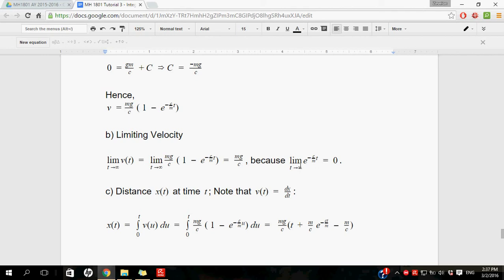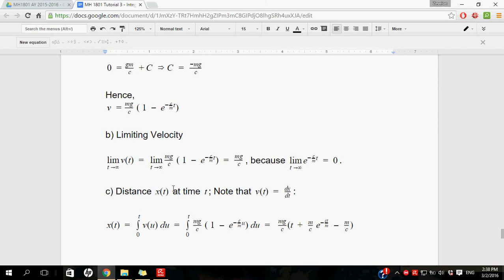The limit of this term is 0. The rest of the expression doesn't depend on t, and therefore, using standard limit laws, we see immediately that this limit equals mg over c. This is our limiting velocity.